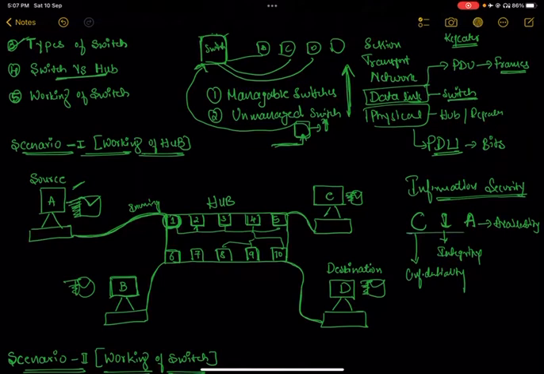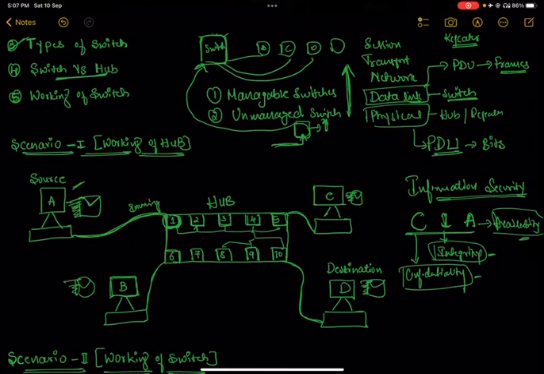These three principles help us understand these scenarios better, right? I would say these three are the pillars of information security that everyone should focus upon. So in our hub case, what feature do you think it violates? We have three features: confidentiality, integrity, and availability, right?